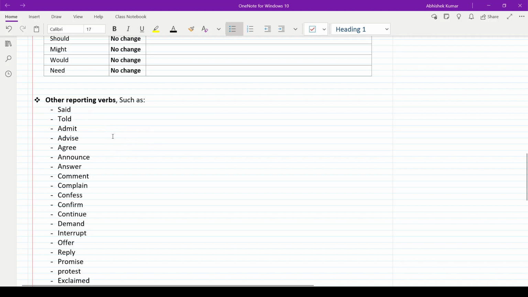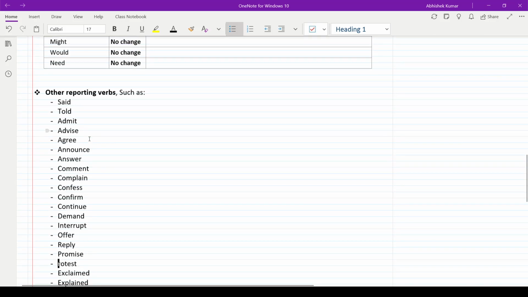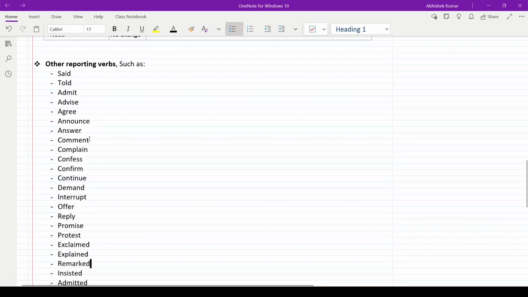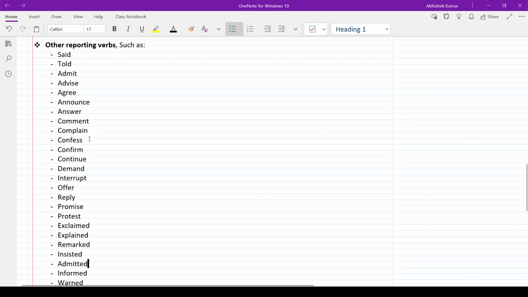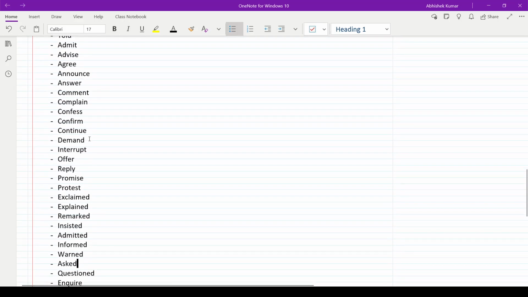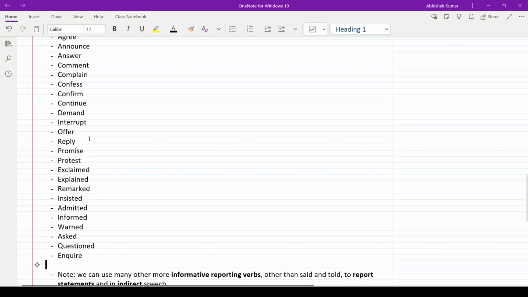When you're converting direct speech to indirect speech, you might want to use said, told, admit, advise, agree, announce, answer, comment, complain, confess, confirm, continue, demand, interrupt, offer, reply, promise, protest, exclaimed, explained, remarked, insisted, admitted, informed, warned, asked, questioned, inquire.